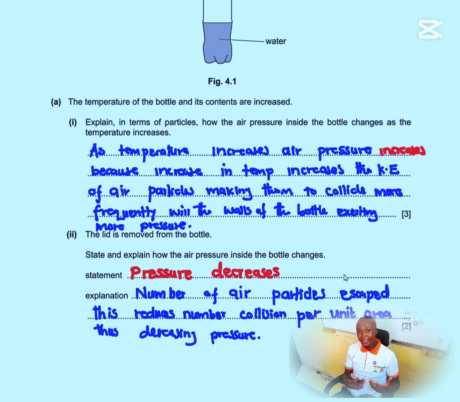So this results in a more frequent collision per unit area. The increased kinetic energy increases the frequency at which the air particles collide with the walls of this container, and this results in an increase in pressure.